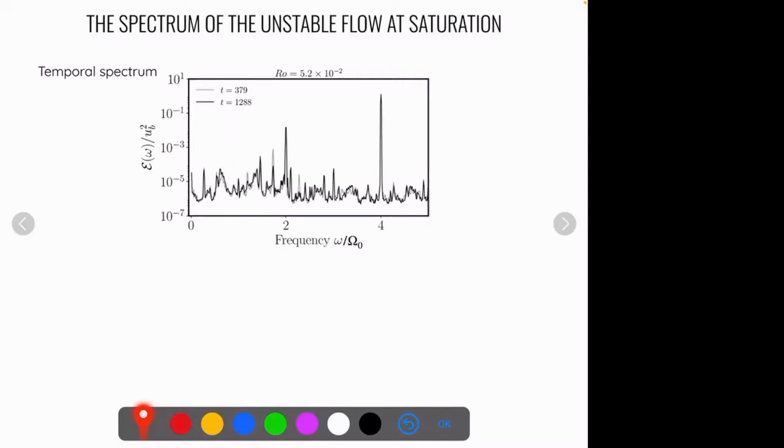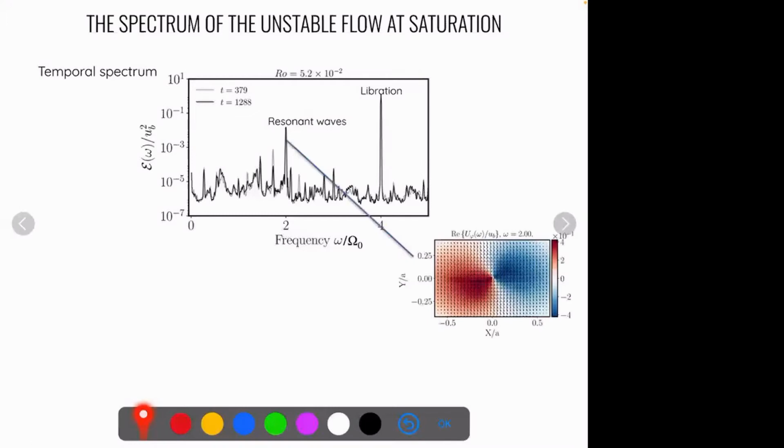Why temporal spectra? Because you have very clearly identifiable structures in the flows. You can separate structures by their frequencies in the flows. For instance, you have the libration peak here at the frequency of 4. At half the frequency, 2, you have the resonant wave, and you can filter out the fields to extract it.